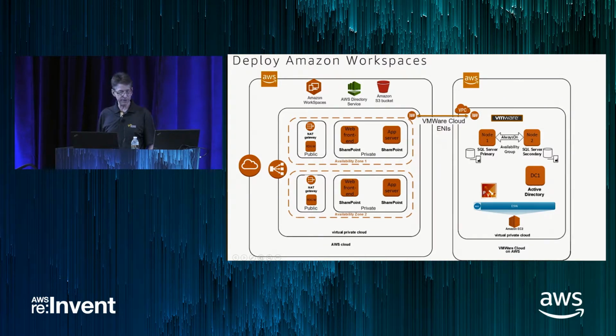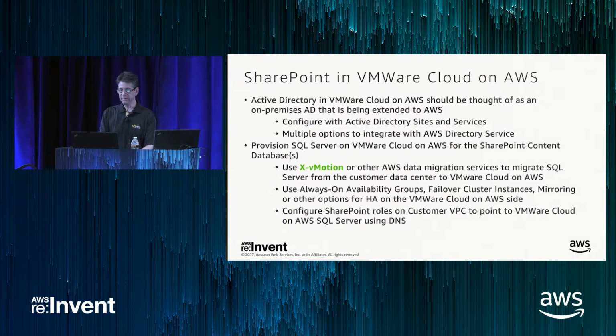Okay, and there's a couple points that I would make about this overall diagram. The first one is around Active Directory, and I tend to think of Active Directory in VMware Cloud as an extension of on-premises AD that you're extending to AWS.